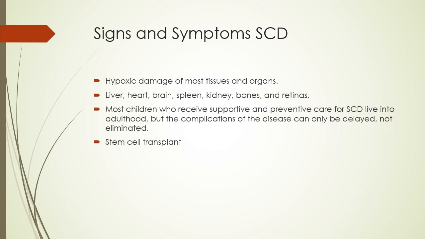Especially organs that are highly dependent on oxygen, and these organs are the liver, kidneys, brain, spleen, and bones. And the hypoxic tissues will become anoxic and ischemic, and basically repeated hypoxia may lead to necrosis.